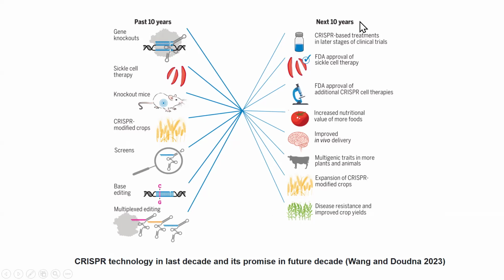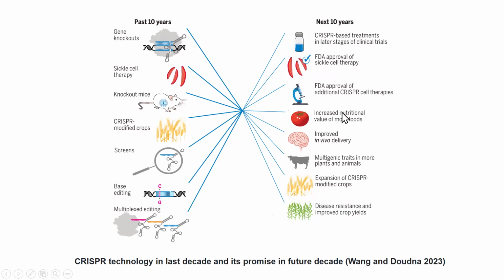And what can happen in the next 10 years? CRISPR-based treatments will be in later stages of clinical trials, so cancer and other diseases can be cured by CRISPR-based gene therapy. The FDA has already approved the sickle cell disease therapy and other therapies for genetic diseases; neurodegenerative disease or diabetes could be controlled.